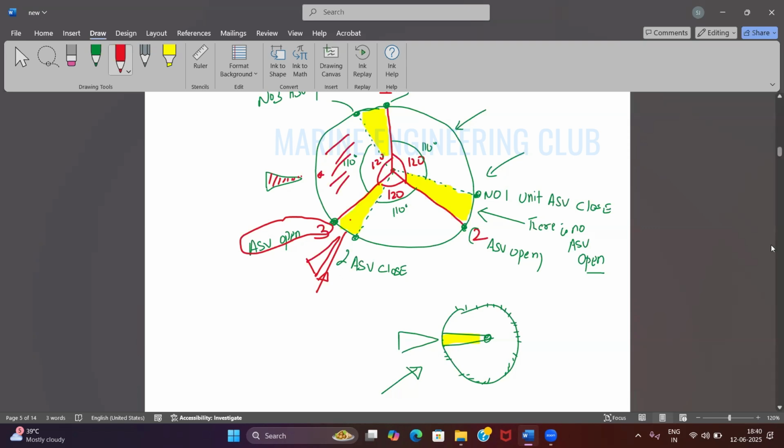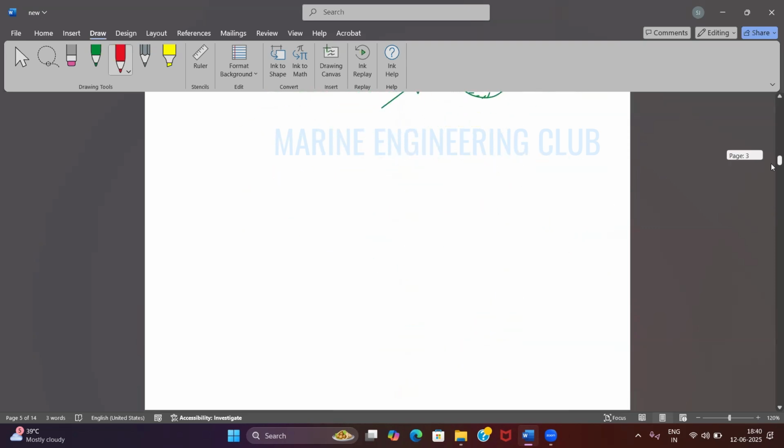Okay. Now we will take the example of 4 units. Suppose I draw a diagram for 4 units. So with 4 units, every unit will be 90 degrees.